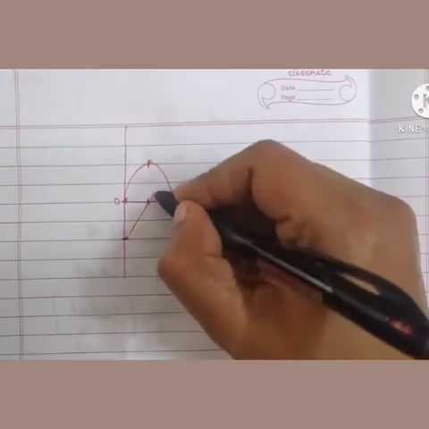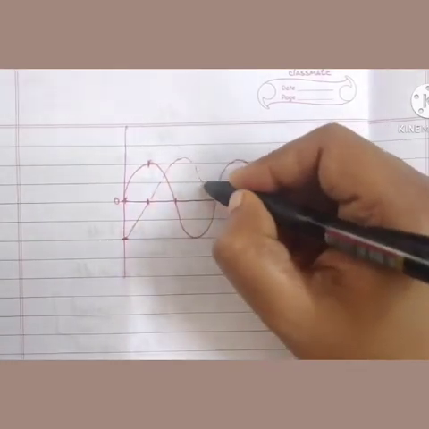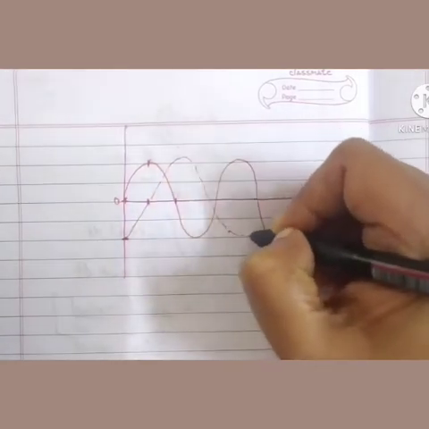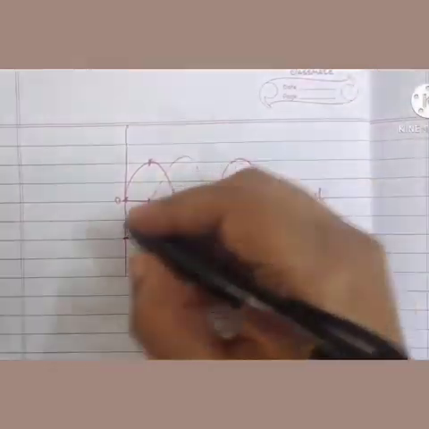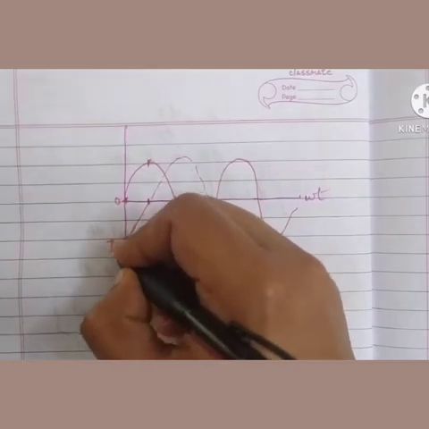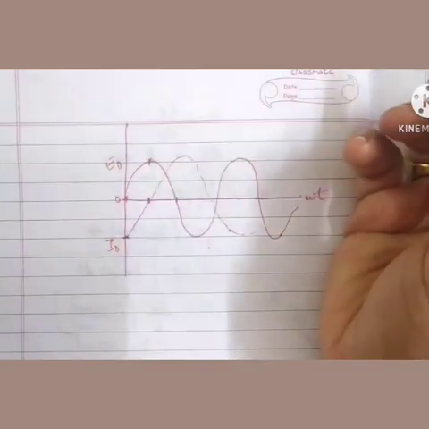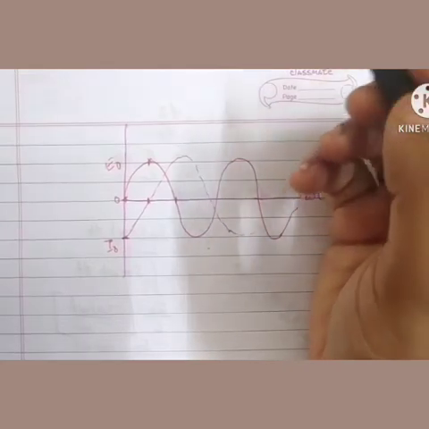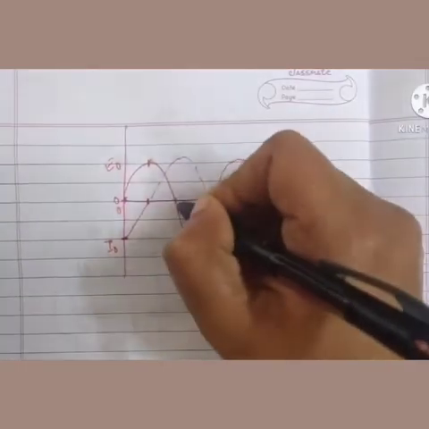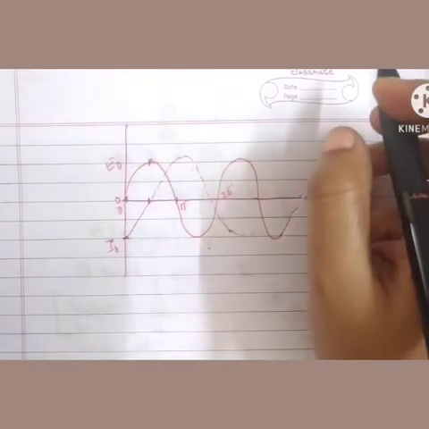Clear? Now, when EMF reaches pi, the current will be at pi by 2. In such a way, there is a difference in the current flow. This is the current I naught and this is the EMF E naught. Phase 0, this is pi, then this is 2 pi, likewise it will go.